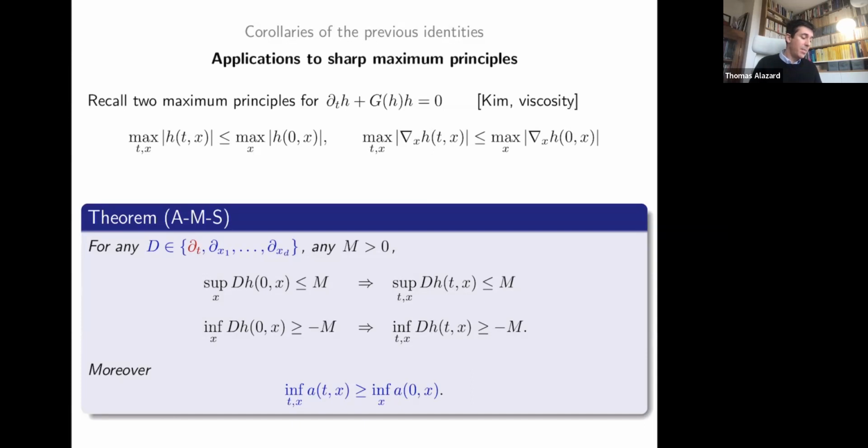And the proof is based on the Stampacchia method to prove maximum principles and the identities for the function u that have been stated above.